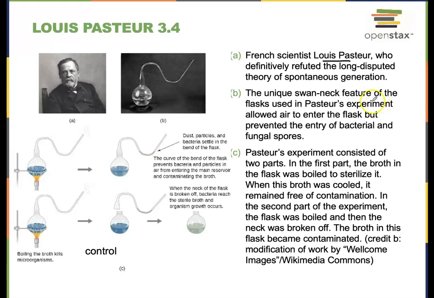He created a very unique swan neck feature. He had to create this flask to prevent entry of any heavy particles that might contaminate the broth, right? And there are two parts to it. He sterilized the broth with fire.